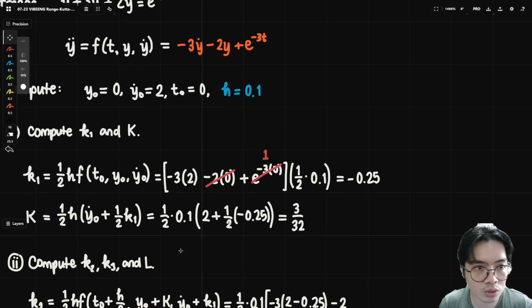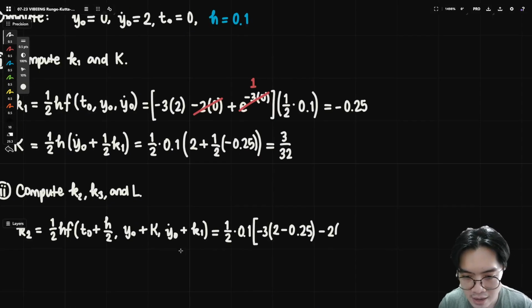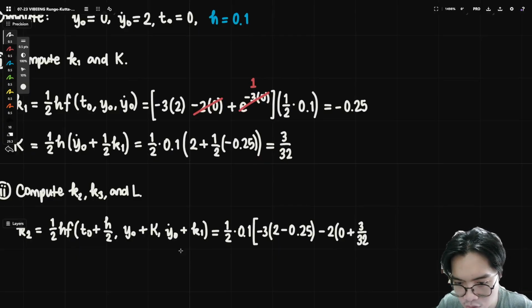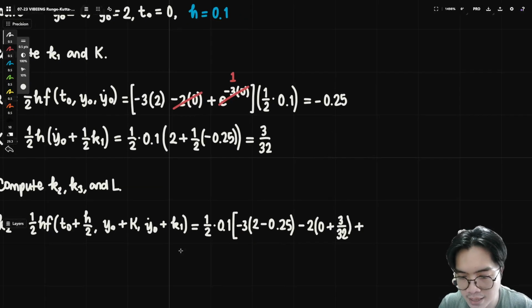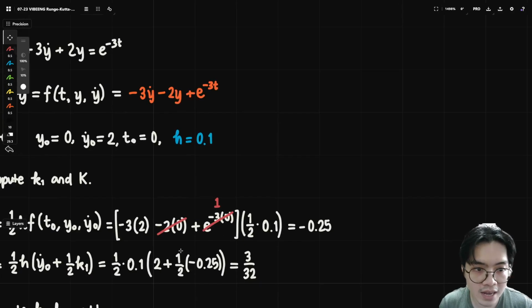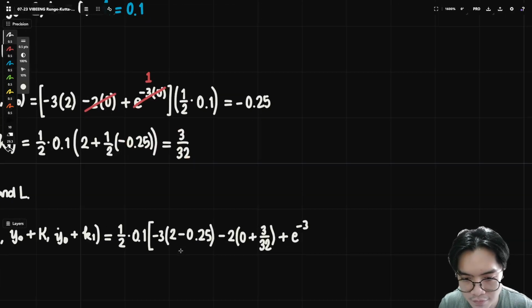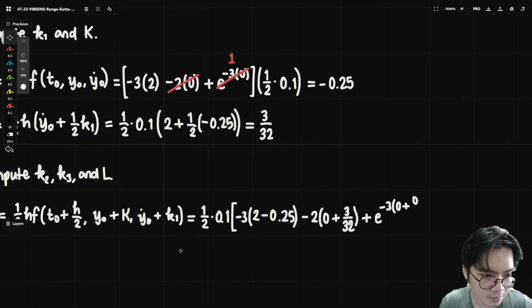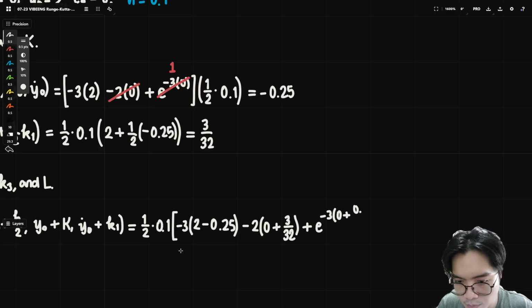Minus 2 times Y. All the Y will be replaced by Y plus K. K is 3 over 32, plus e raised to negative 3 times 0 plus a half step, 0.1 over 2.